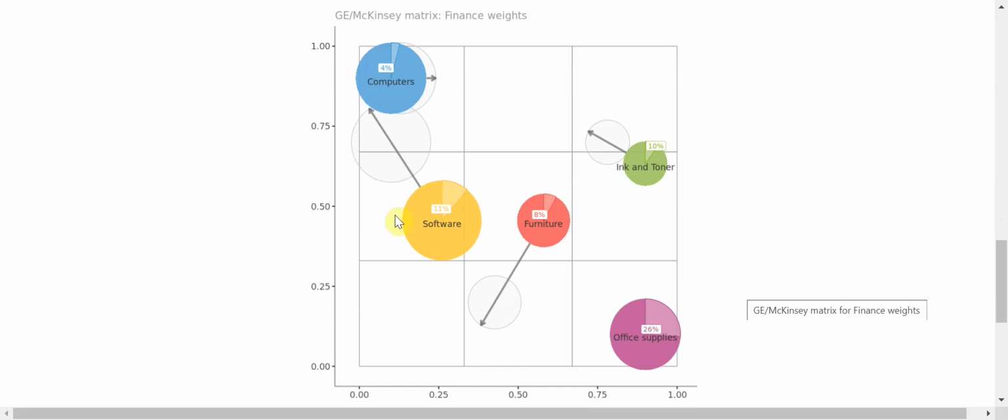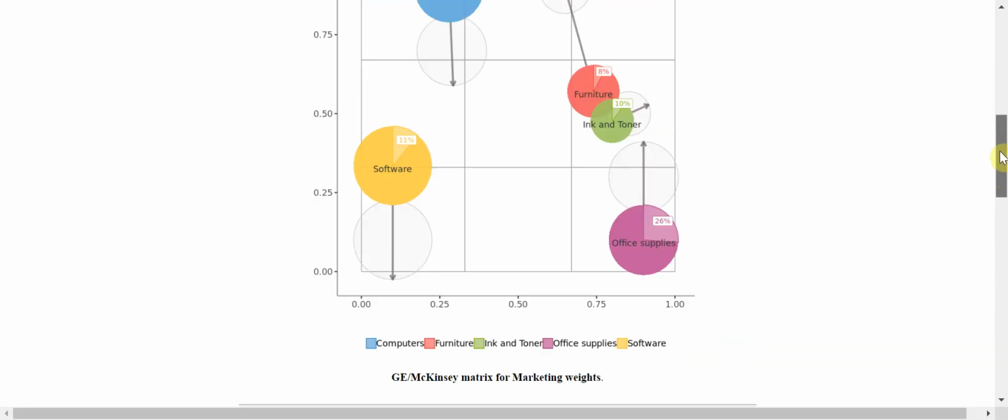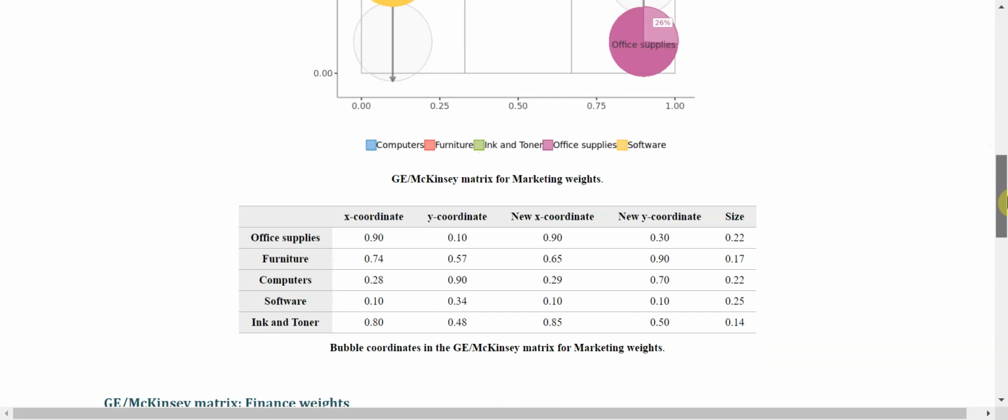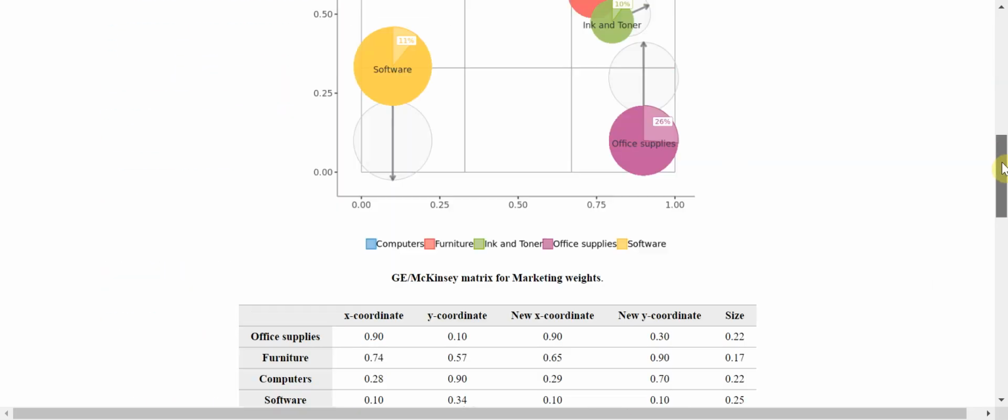For example, software will grow from the finance perspective, and furniture will be in decline. So you can see the difference in the perspectives. In the final decision, they may combine the two different projections from the two perspectives.